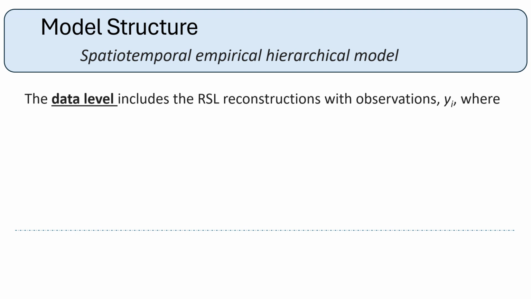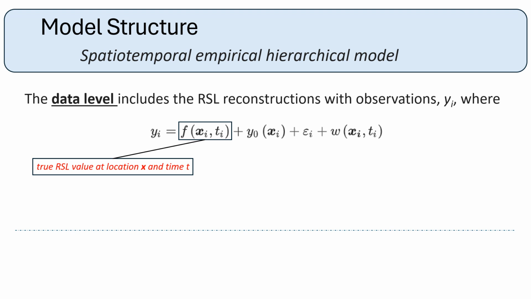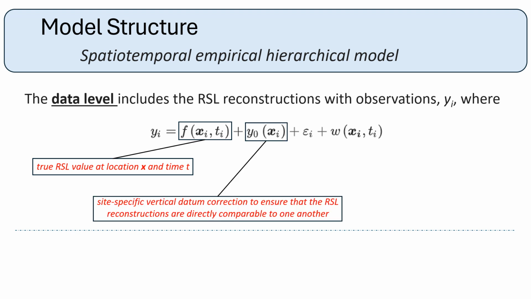And then we have the data level. That includes the relative sea level reconstructions with the observations from our database. This is represented by this equation in the model, where we have the relative sea level value at location x and time t. There's a site-specific vertical datum correction to ensure that all of the reconstructions are comparable to one another.